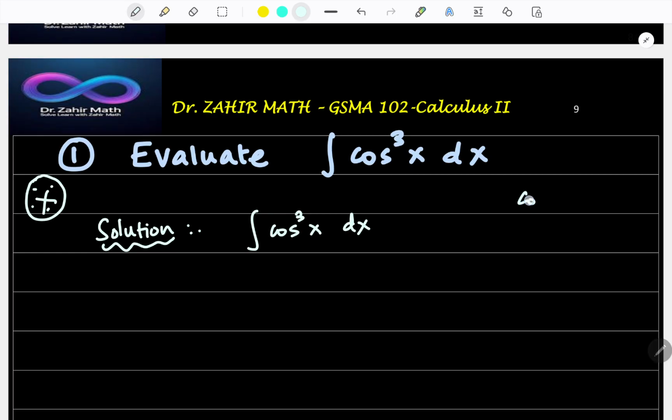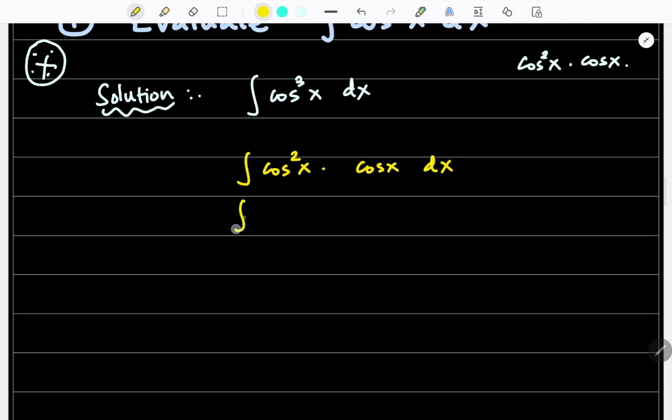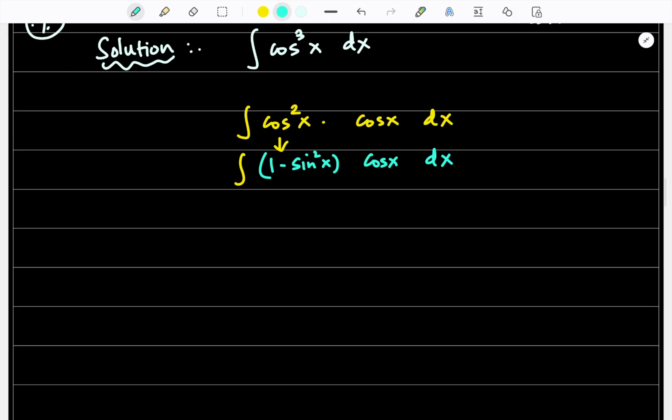I told you to write cos²x and cos x, the same idea I'm going to follow. So I'm going to write it as the integral of cos²x times cos x dx. After that, this cos²x you are going to write as 1 minus sin²x, and then cos x dx. After that, you need to go for the substitution method.